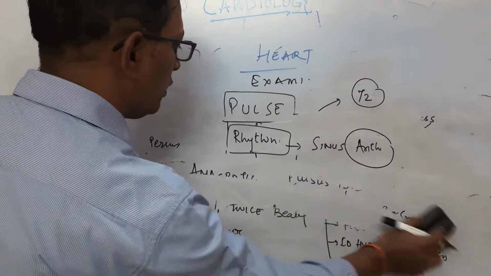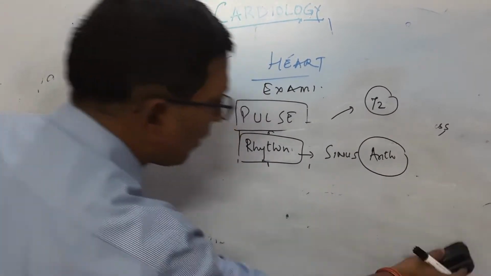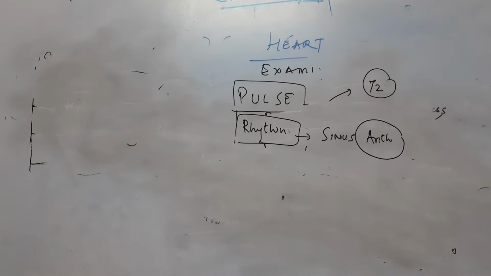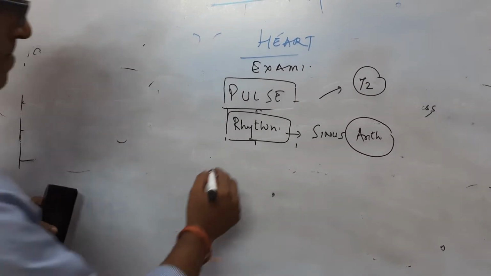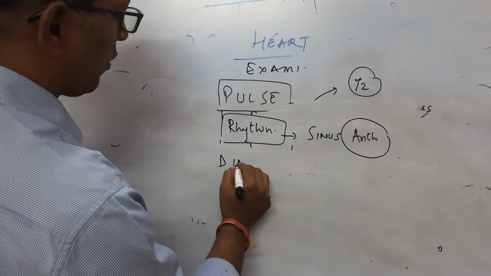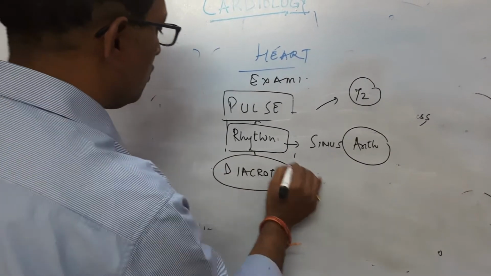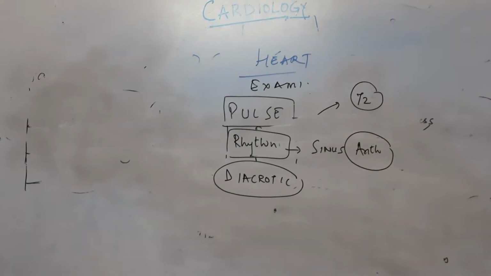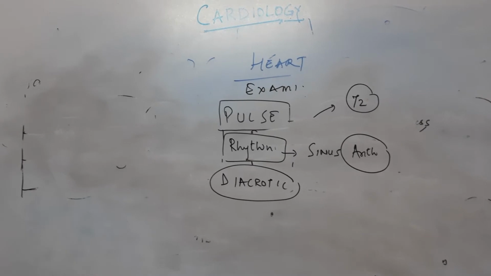Now we go into the third pulse. The third pulse is your dicrotic pulse. First we had the anacrotic pulse, now we have the dicrotic pulse. Again, different from the anacrotic pulse, the dicrotic pulse also has twice beating pulse.